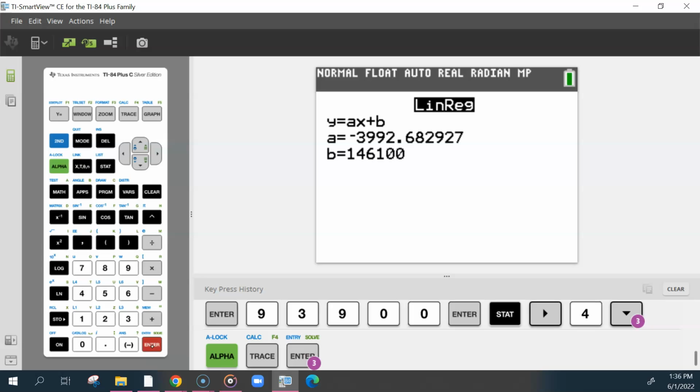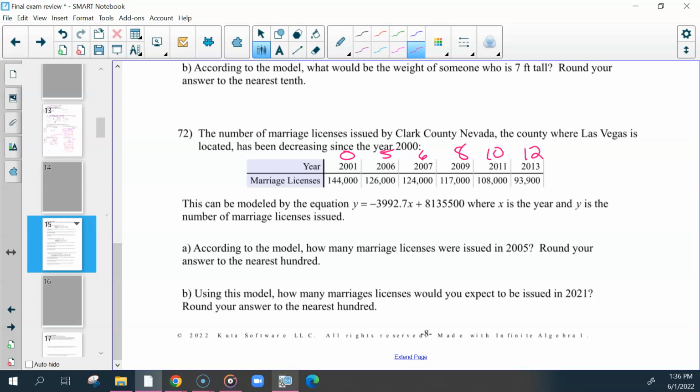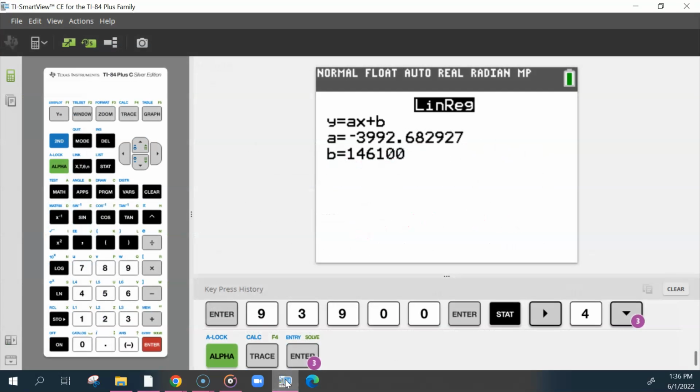So negative 3992.683 would be good. Our y-intercepts are different because they use the actual years, which means their answers will be a little off.